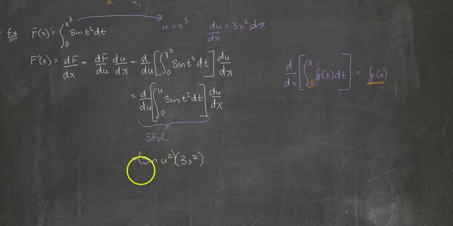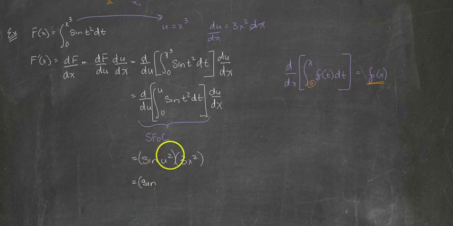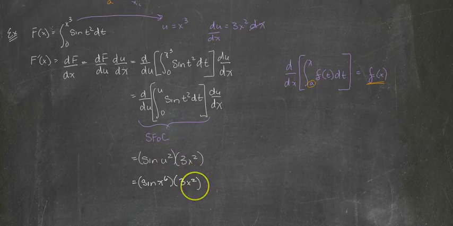And all I have left to do is resolve this u. So I have the sine, well, u is x cubed, squared, is x to the 6th, times 3x squared. Cool. Now, why would I want to do that? It seems like that's a lot of work.